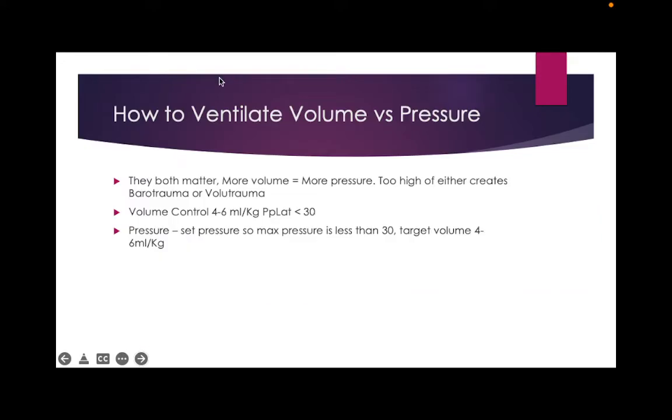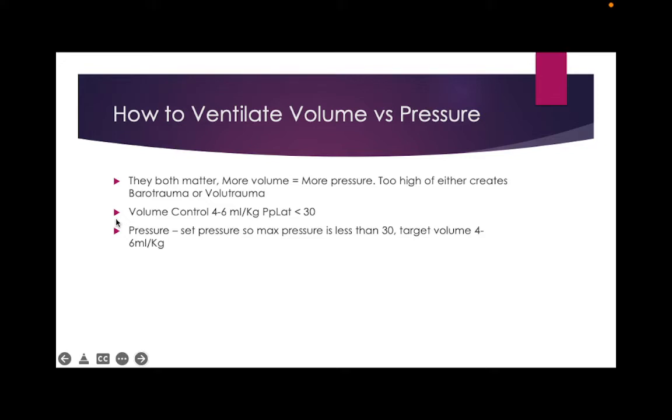So then we have the question of volume versus pressure. Both volume and pressure matter. They're both important, okay? More volume will give you more pressure. Too high of either creates barotrauma or volutrauma, okay? So if you're setting a volume control, in week 1 we said normal tidal volume is what?